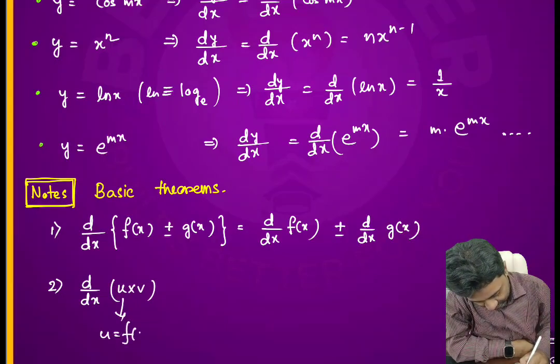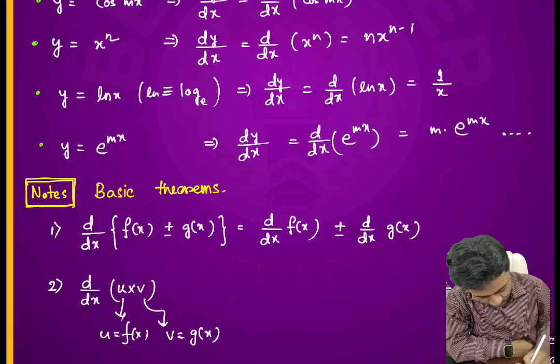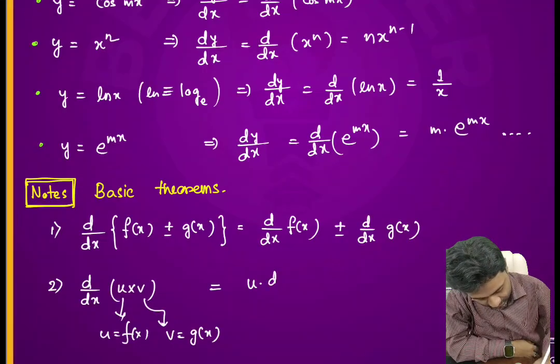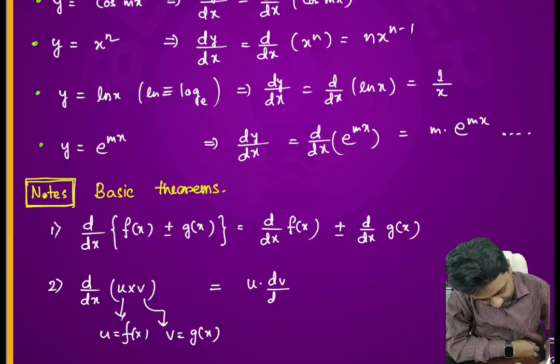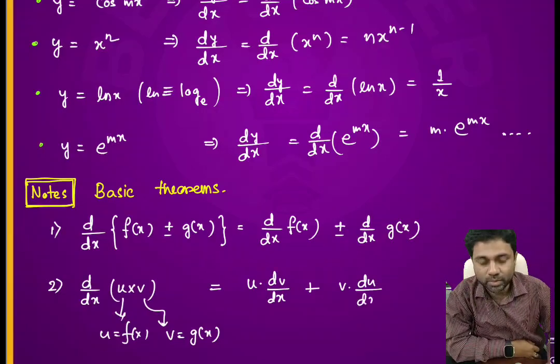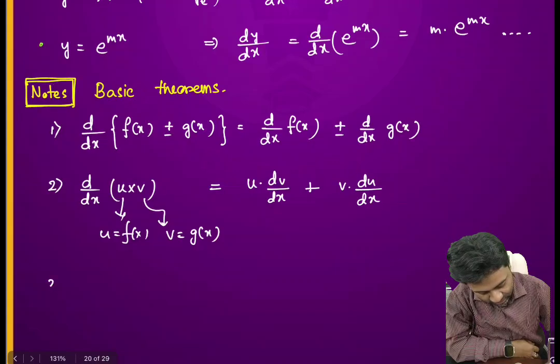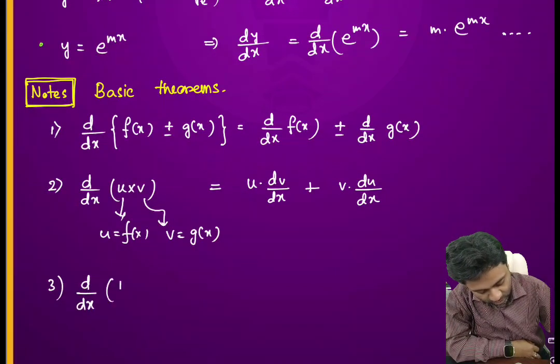If there is a product of two functions u into v, where u and v both are functions of x, say u equal to f(x) and v would be g(x), this can be found out by keeping one function constant and taking derivative of the other: u times dv/dx plus v times du/dx.